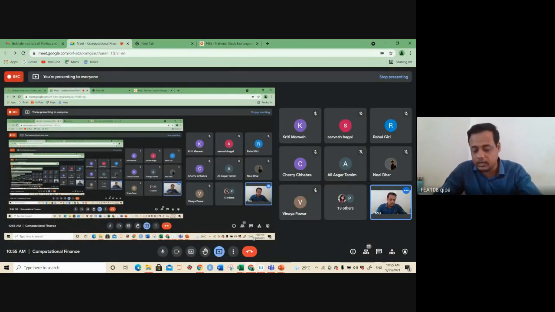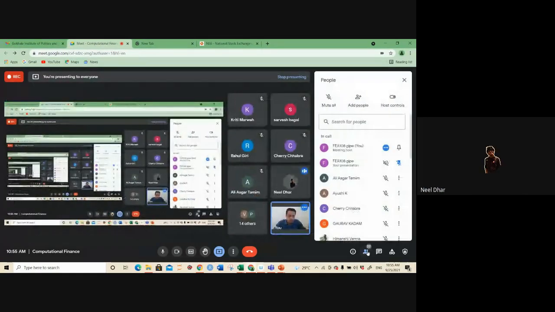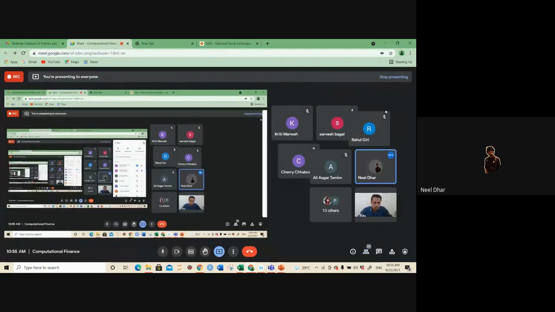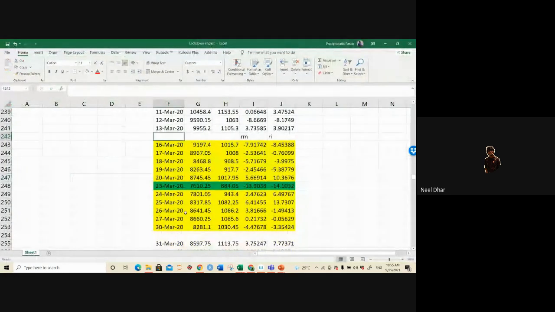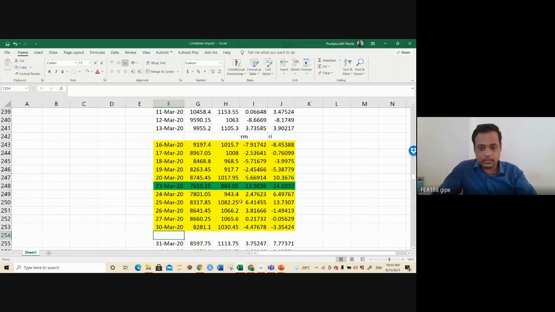Ali, you are doing? Binoy, so you have given a break between 13th and 16th and between 30th and 31st, right? Yeah. All right. So you want to calculate CAR and everything here. Yeah. That's why you have given one break. So this will be separated.